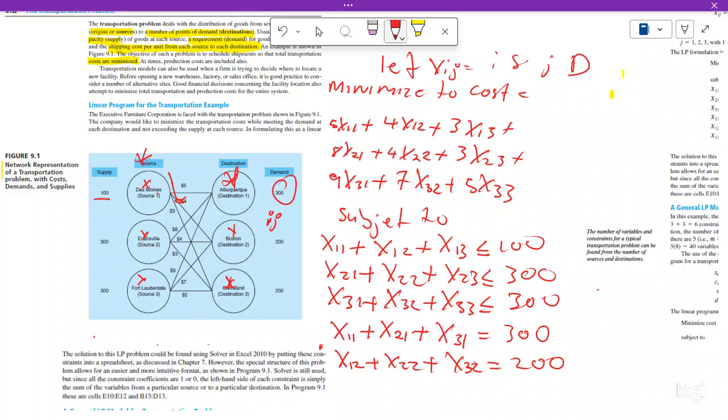Okay, then x13 plus x23 plus x33 equals to 200.